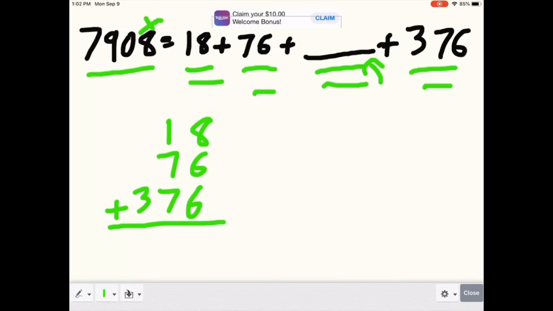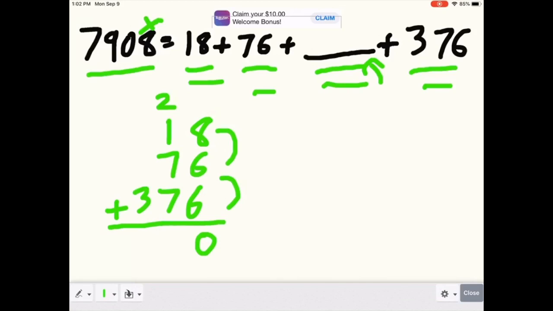So let's go ahead and do this addition. 8 plus 6 is 14. 14 plus 6 is 20. So we'll go ahead and write our 0. We'll carry our 2. Now 2 plus 1 is 3. 3 plus 7 is 10.